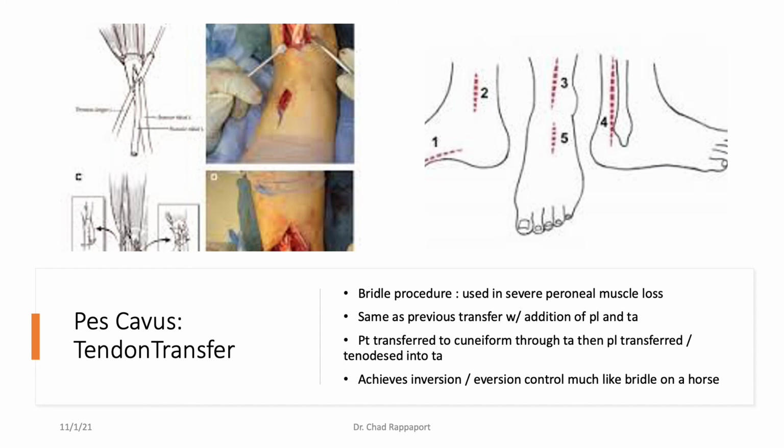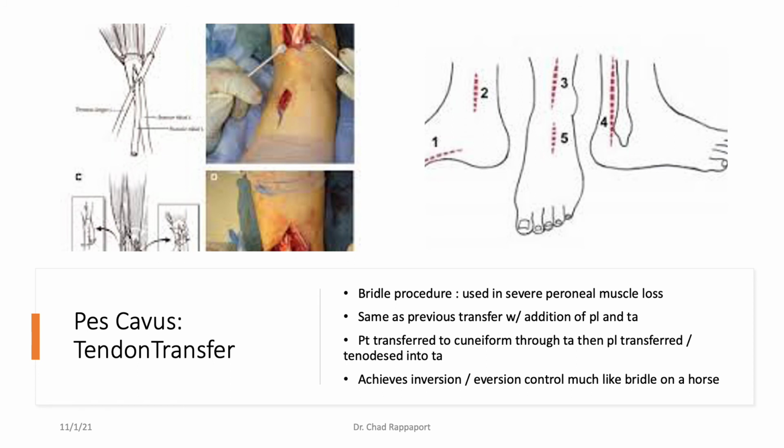However, it can be used in conjunction with a concomitant transfer of the tibialis anterior and peroneus longus. And this would be utilized in patients who have severe peroneal muscle loss. Again, it's the same as the previous isolated PT transfer with the addition of the peroneus longus and the tibialis anterior.